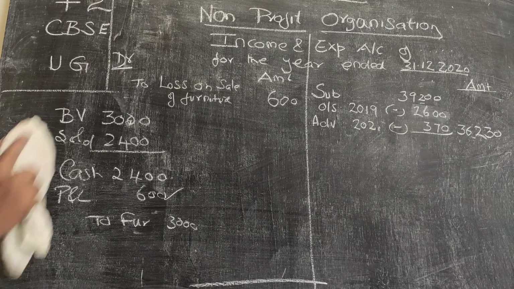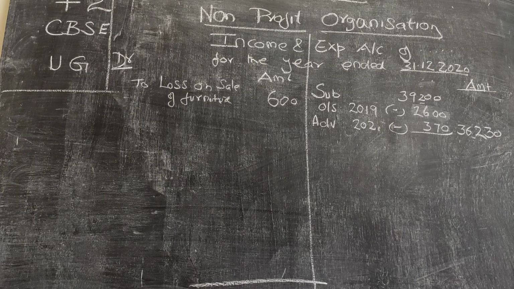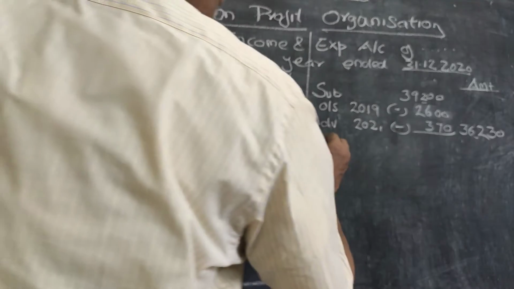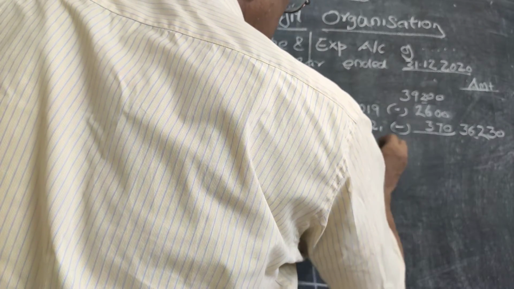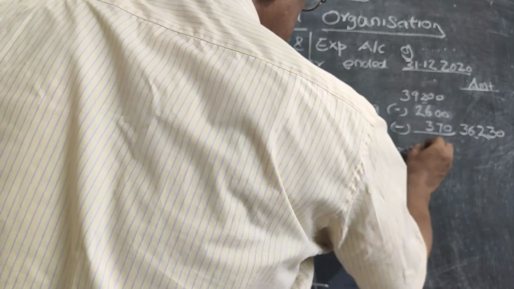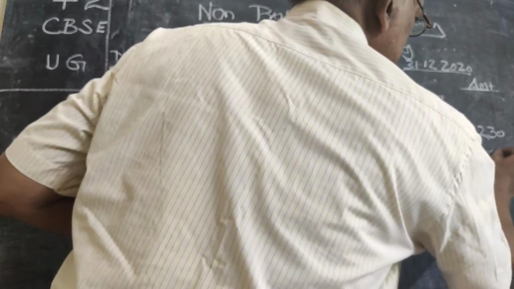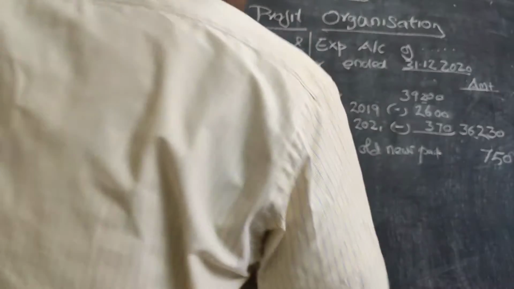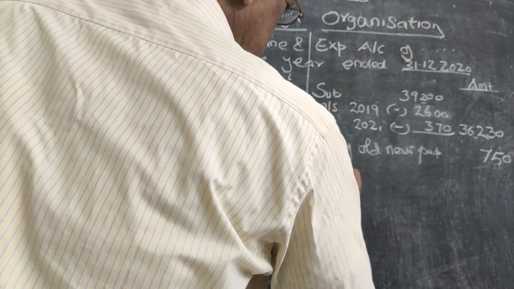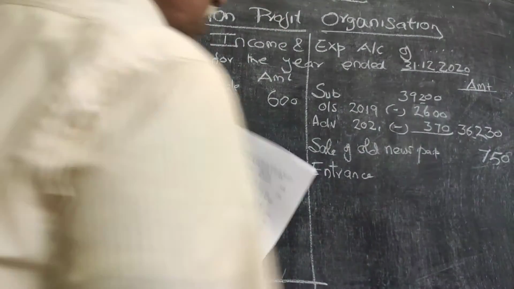Now we go to the next entry in the receipts and payments account. Sale of old newspaper. So income comes. Sale of old newspapers 750 rupees. Next, the entrance fees. Generally we take entrance fee here as income for the year.